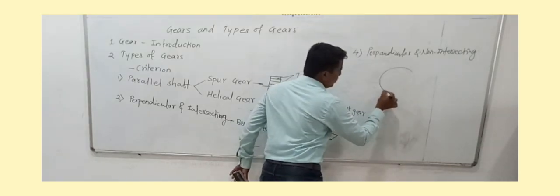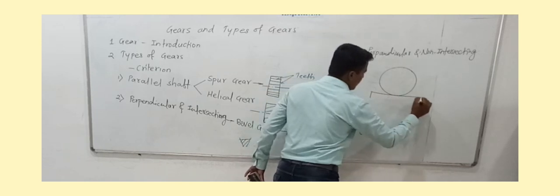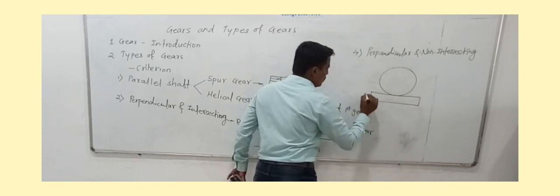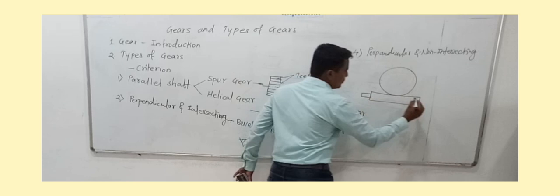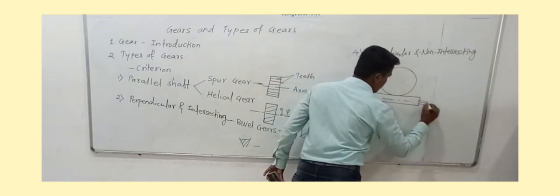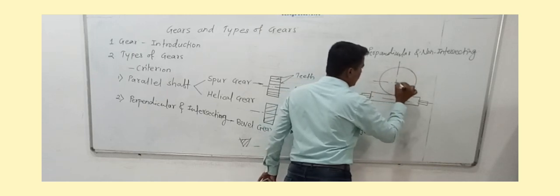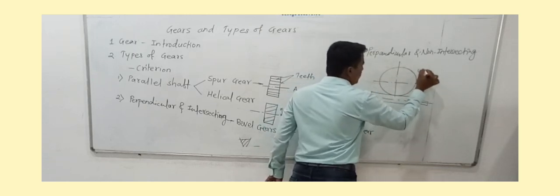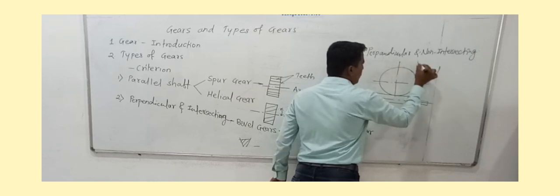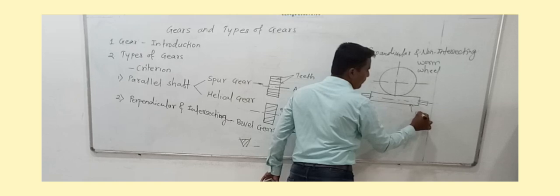One is a toothed wheel and another is a threaded screw. Here this is the shaft of this threaded screw, this is the axis, and if you draw the axis of the wheel, it will be like this. It will be known as the worm wheel and the other will be treated as the worm.